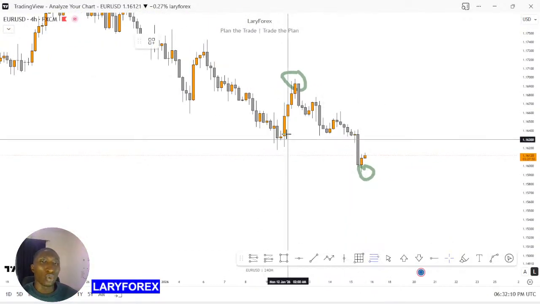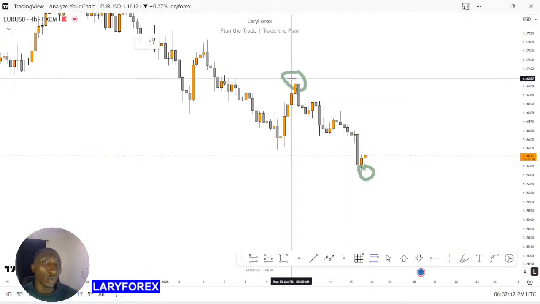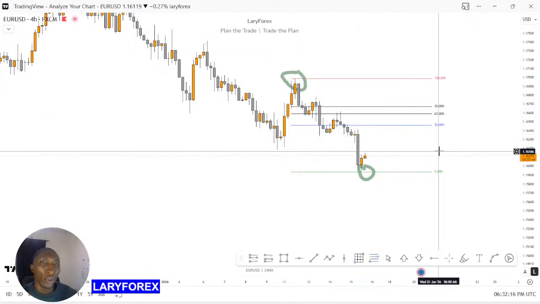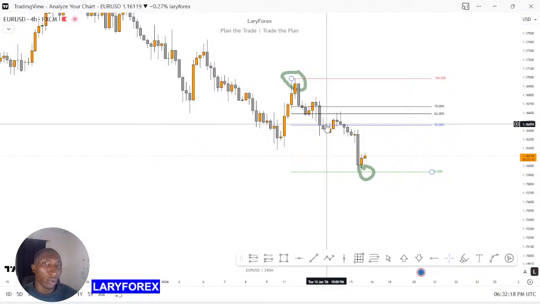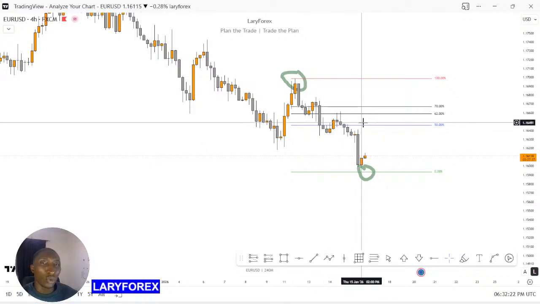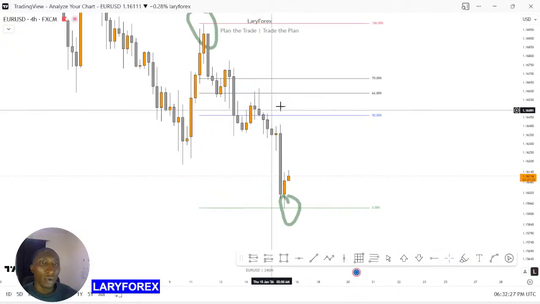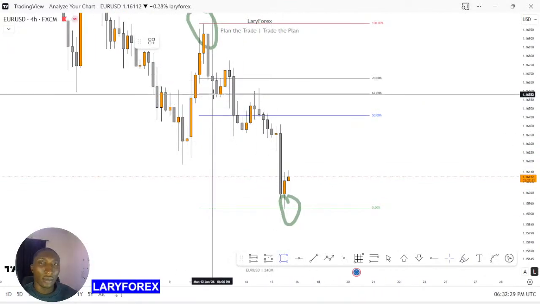We take our Fibonacci tool and draw it from this previous swing high to the immediate swing low. Are you following? So here is the equilibrium. After identifying the equilibrium, where are we now looking to sell from? We will start looking to sell from this level here.